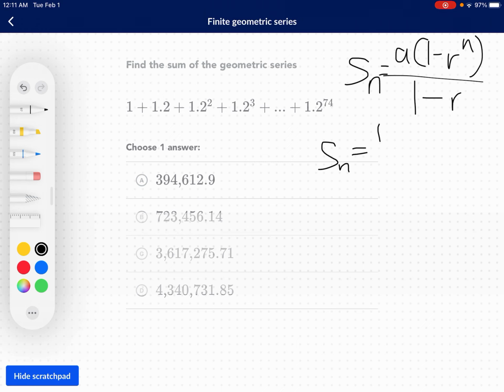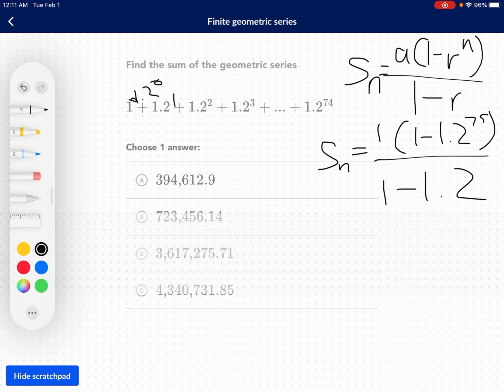So the sum is equal to the initial term, open parentheses, 1 minus the common ratio, which looks to be 1.2, to the 75th power, because this is 1.2 to the 0th power, this is 1.2 to the first power. So there are 75 terms here.